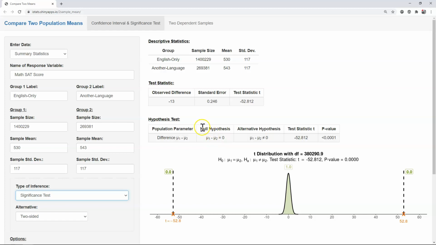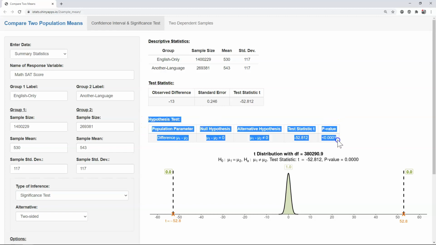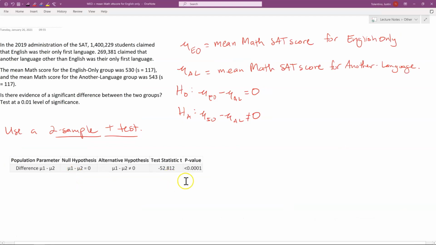You'll see that it actually gives us the null and alternative as we wrote it. They use mu1 and mu2, but that's English only and another language, which matches how we wrote ours. But more importantly, it gives us the test statistic and the p-value. So these are the values that we're going to report here. And we can just copy it and write it in. Right, so there's our step 3.